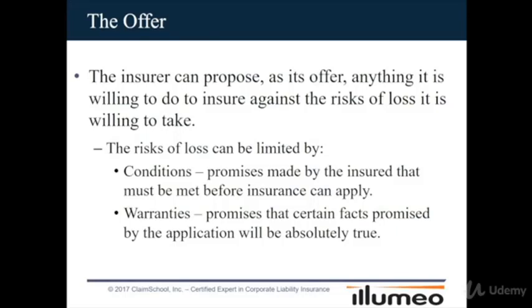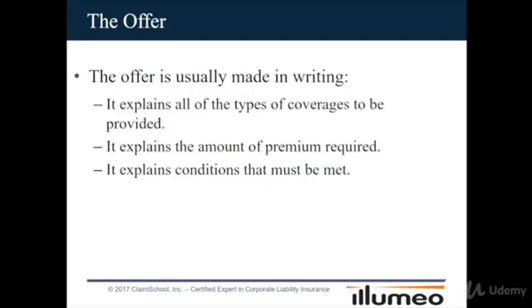So if you warrant that you will only sell your product in the United States, and you have a loss resulting from the sale of a product, say, in Bangladesh, you will find there is no coverage for the injury caused by that product sold in Bangladesh.